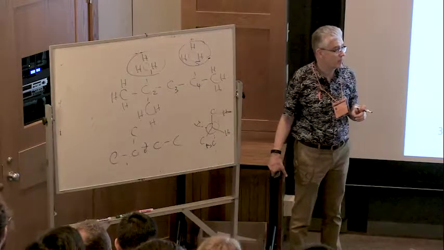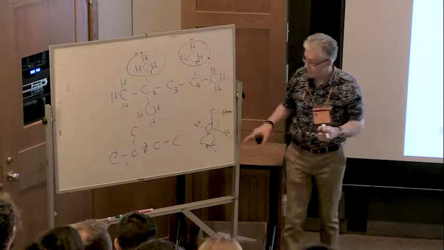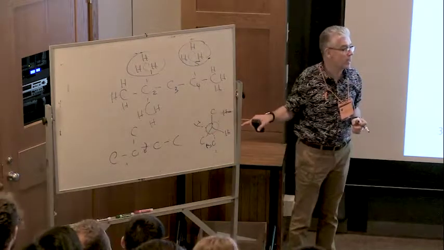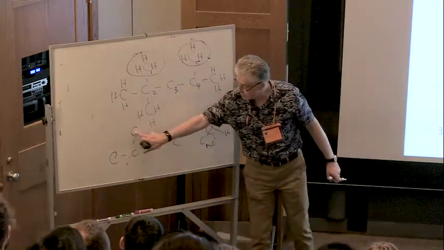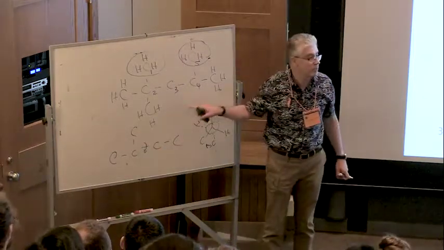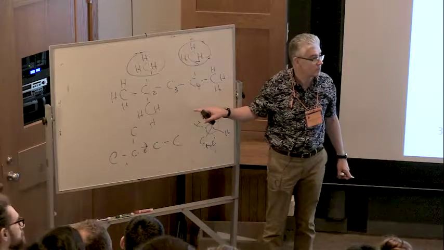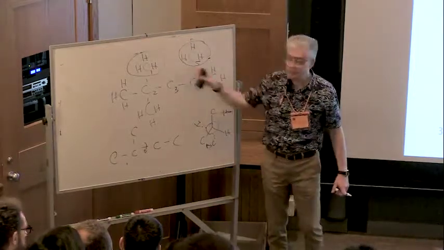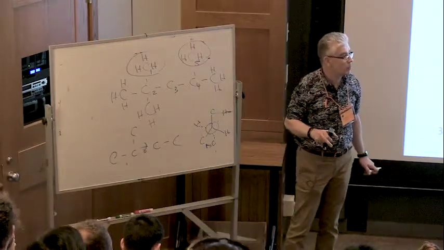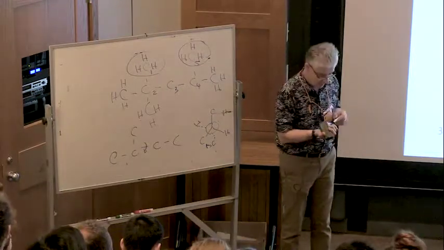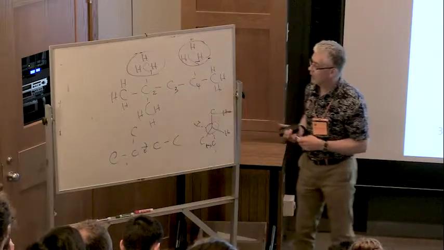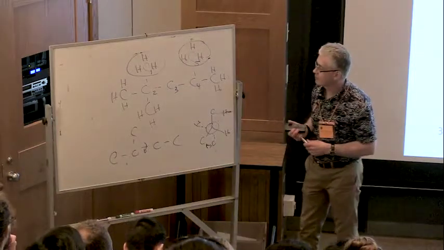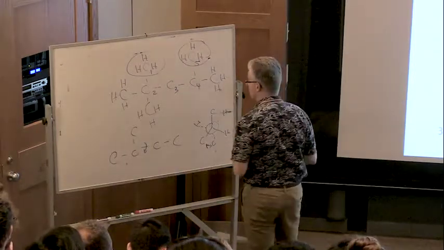Always. But it doesn't have a 1,5 interaction. So there's no hydrogens here that are proximate to a 5. They don't exist. Whereas here, we have an unavoidable 1,5 interaction. And actually, there's two of them.